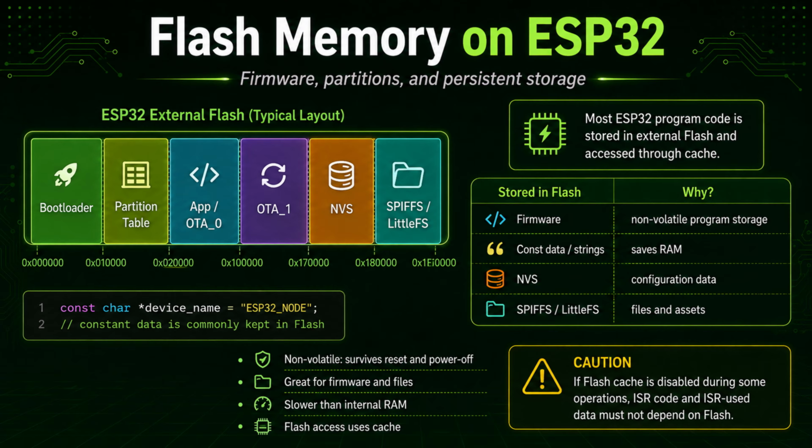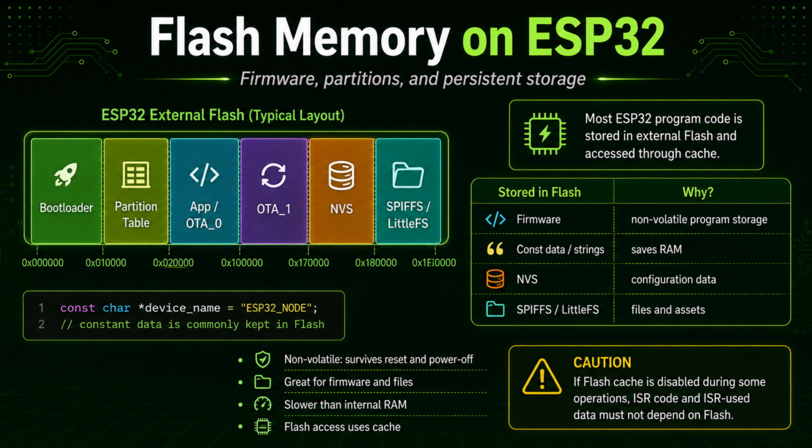Then we have the partition table, which describes how the flash address space is organized. After that, we normally have one or more application partitions. For systems supporting OTA firmware updates, you may have OTA_0 and OTA_1 application partitions, so that a new firmware image can be downloaded without immediately destroying the currently working firmware.